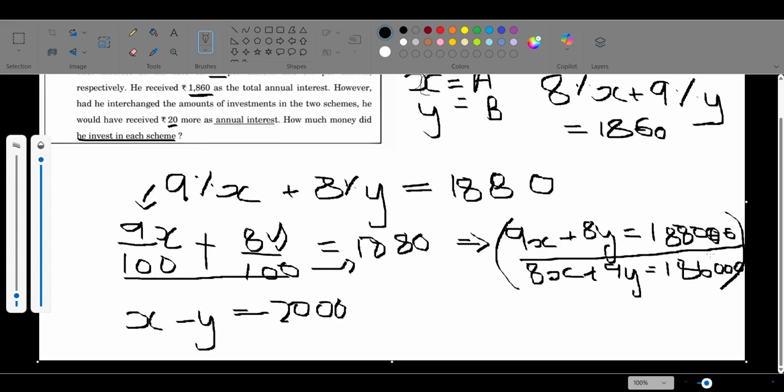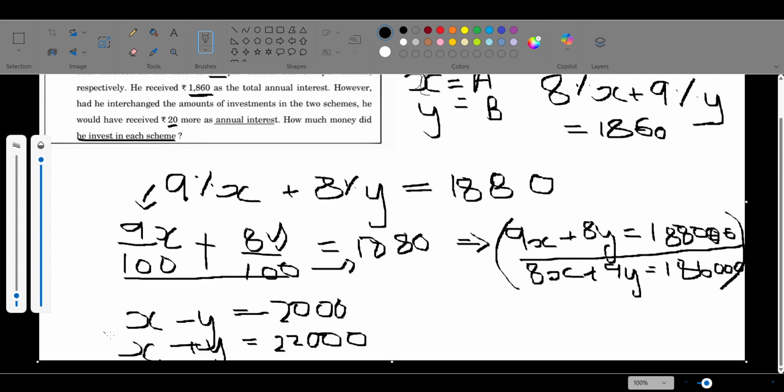Now if you multiply the first by 17 and then add, the x will cancel out, so 17x minus 17y equals 17 into 2000, which is 34,000. Okay, this makes sense.